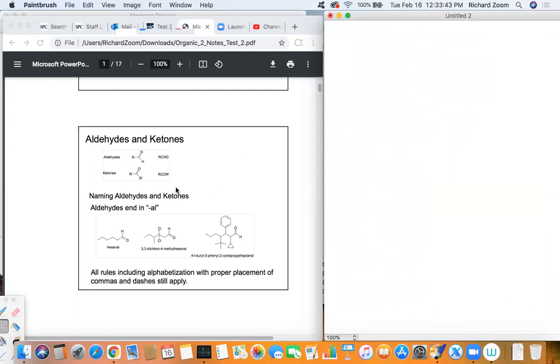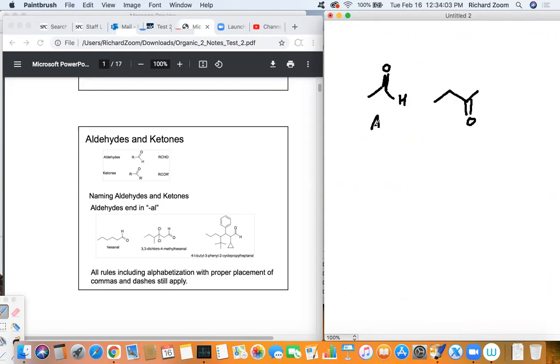So aldehydes have the formula C double bond O with an H, and ketones are C double bond O with a C. Typically, aldehydes are going to have this grouping on the end, whereas ketones are going to look more like that.